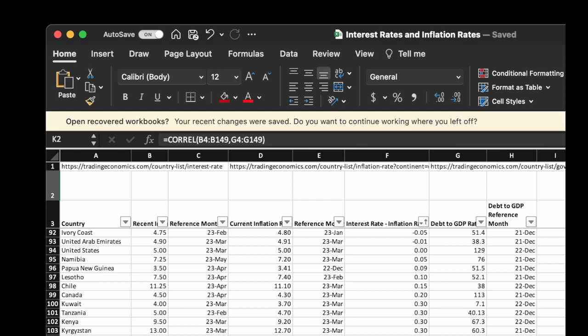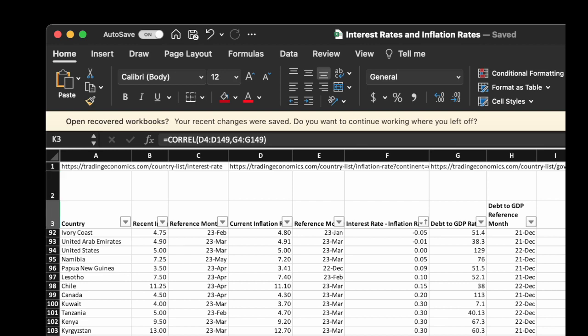As a reminder, a -1 correlation means two variables are perfectly negatively correlated, so as one rises, the other falls. A correlation of 0 means there's zero correlation between two variables, and a perfect correlation of 1 means as one variable increases, the second variable increases. So 0.15 is a fairly weak correlation between the debt to GDP ratio and interest rates.